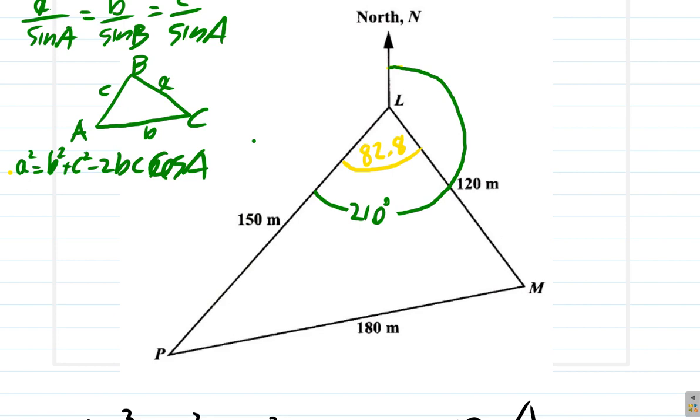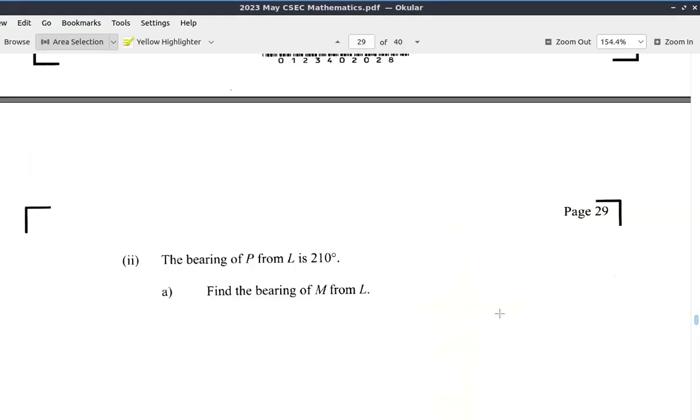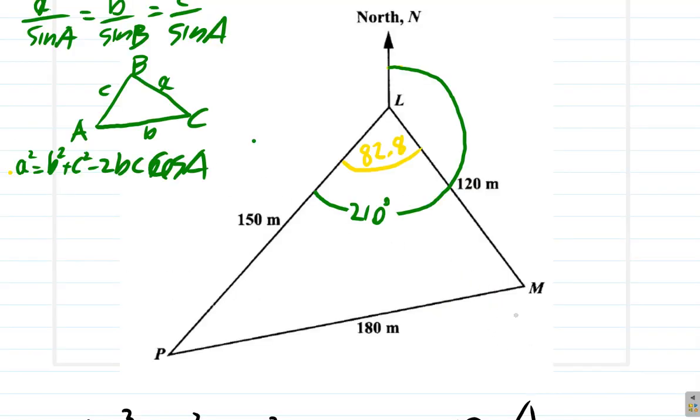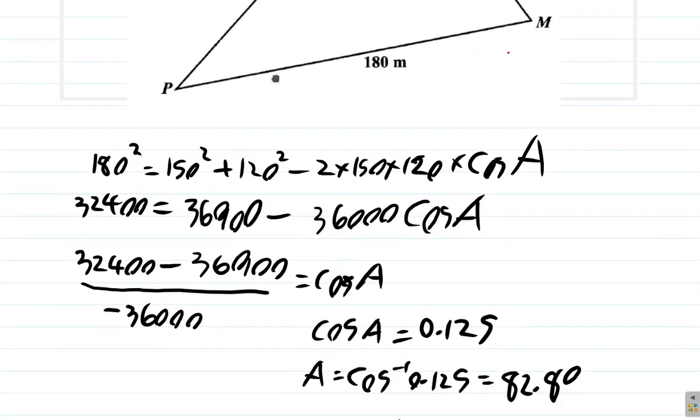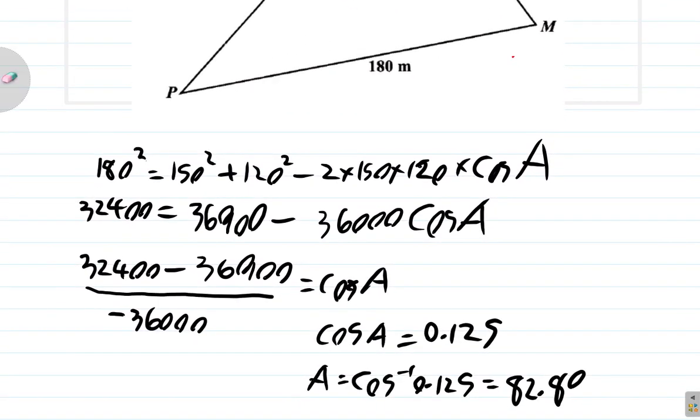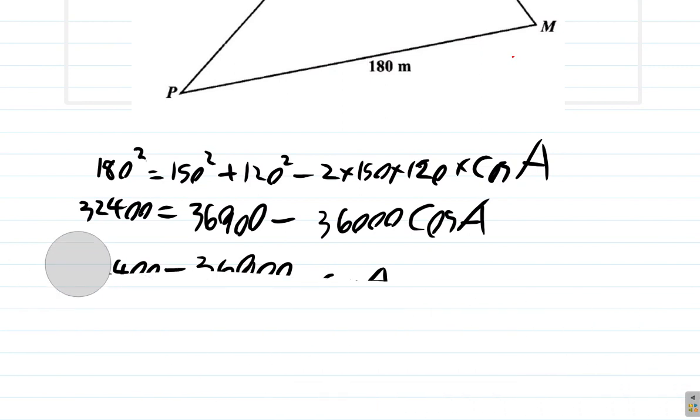Alright? Find the bearing of M from L. M from L. Okay. So what that means, M from L is going to be this angle here, M from L. So that is going to be, let's erase some of these things to make space.